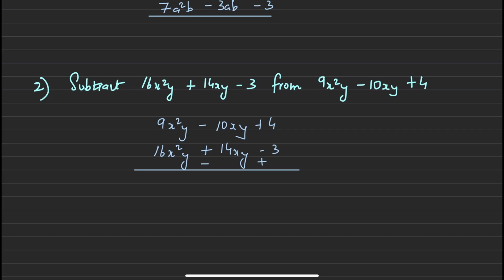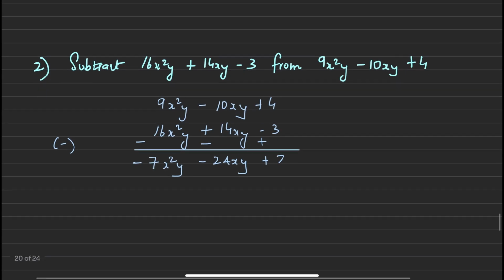Change the signs. Plus 4 plus 3 plus 7. Negative 24xy. How much is 16 minus 9, guys? 7. The sign of the greater number. That's it.